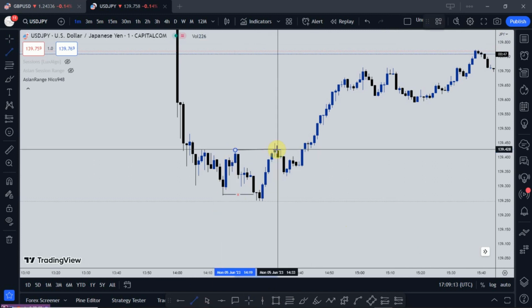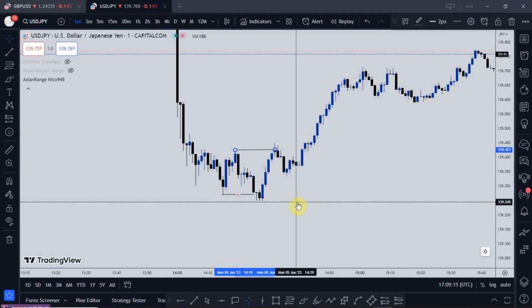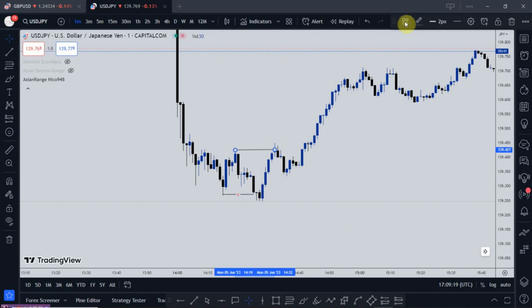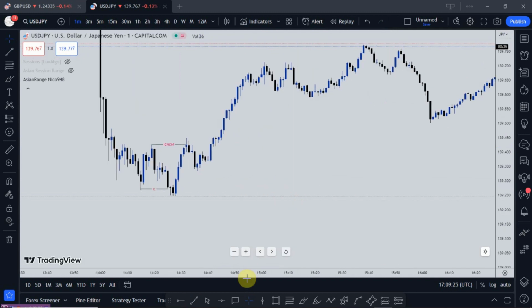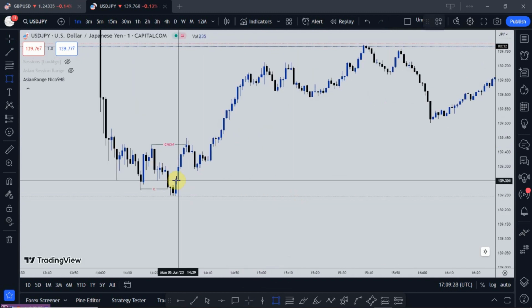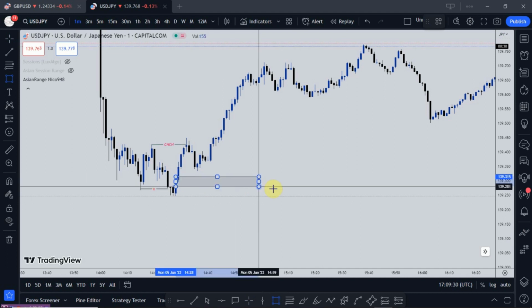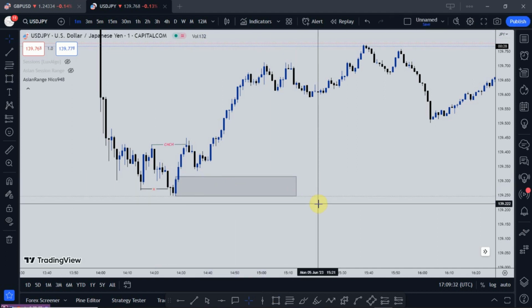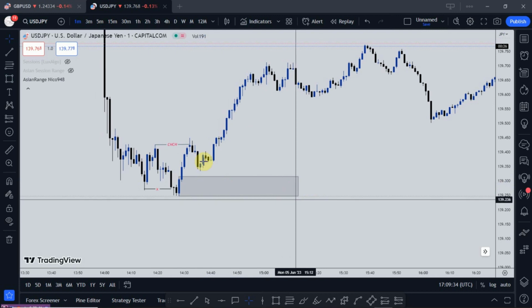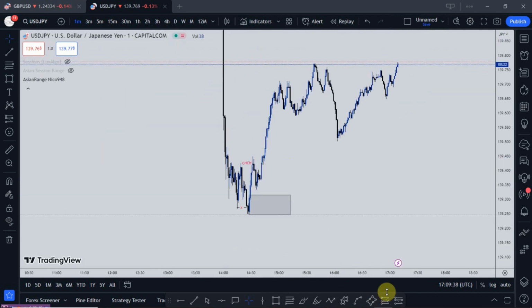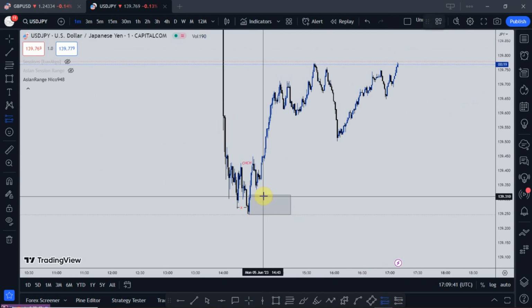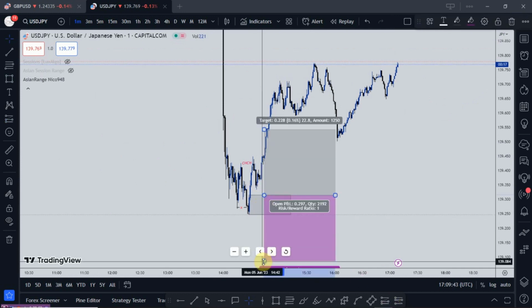That is our chalk, guys. So our chalk is right over there. But then where do we buy from? You have to buy from somewhere here. This is where I would have bought from, but price didn't come to our zone, and then boom, it went off.